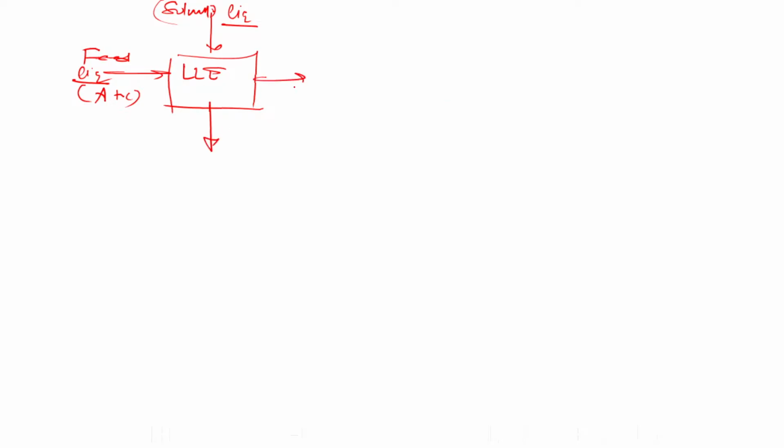After extracting, two phases will form. One is called the extract phase, and the other is called the raffinate phase. The solvent is used to extract the solute from the feed solution. It's the solute and a carrier liquid.